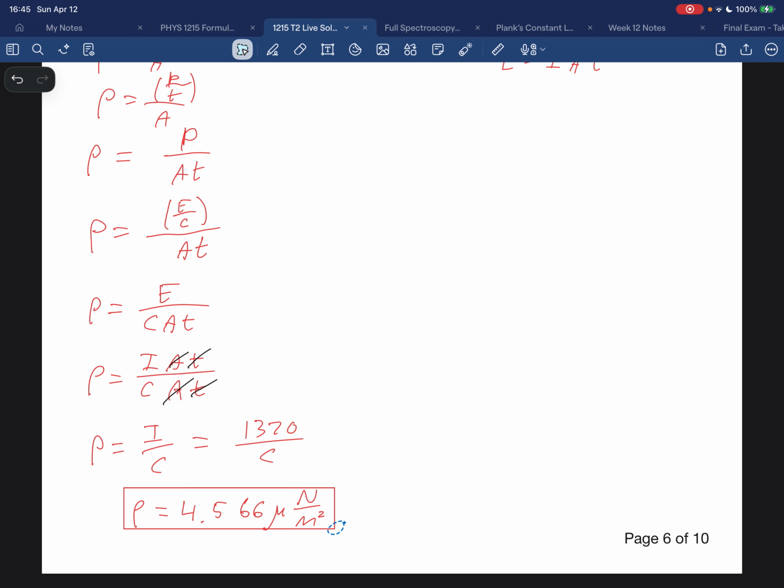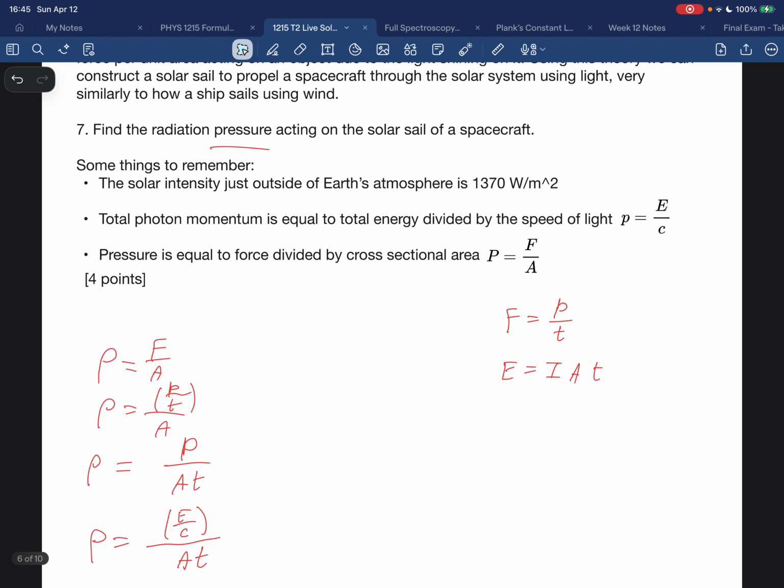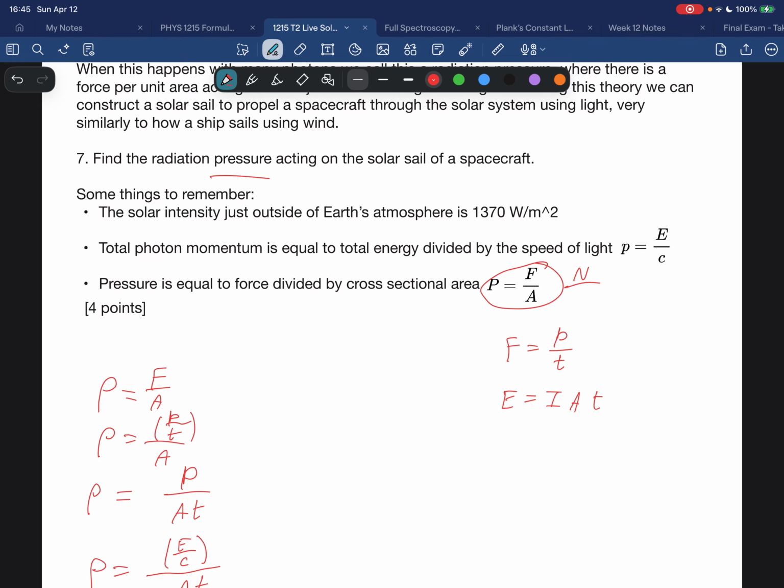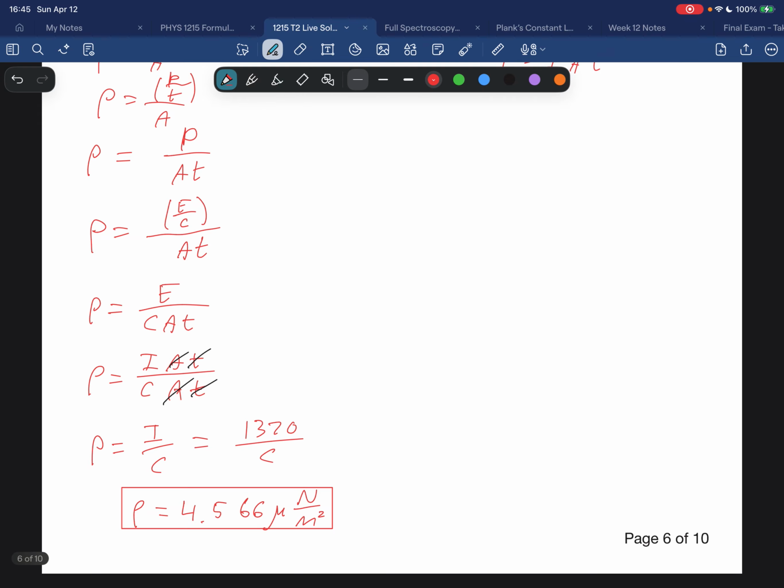I'm using newtons per meter squared because of this definition here of pressure. Here we have units of newtons over units of area, which is meters squared. So newtons per meter squared is the unit of pressure here. So that is my answer.